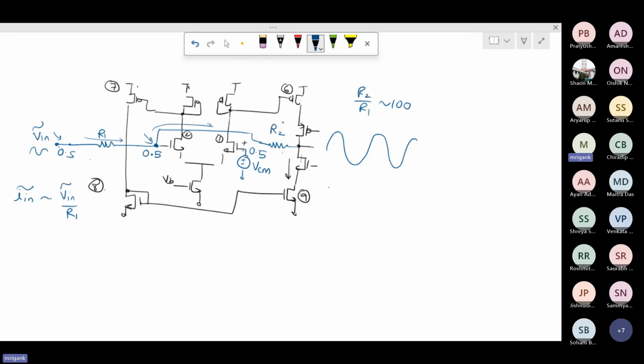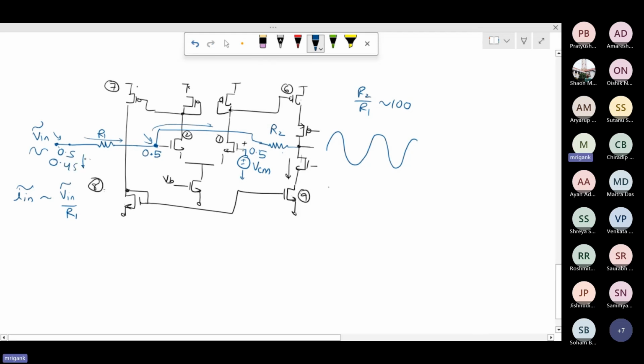If you have a difference between the DC of this particular stage and the previous stage, even a small difference will lead to a significant amount of current flow between these stages from R1 to R2, and that additional current will be provided. Suppose this signal is lesser, say smaller by 50 millivolt, 0.45.